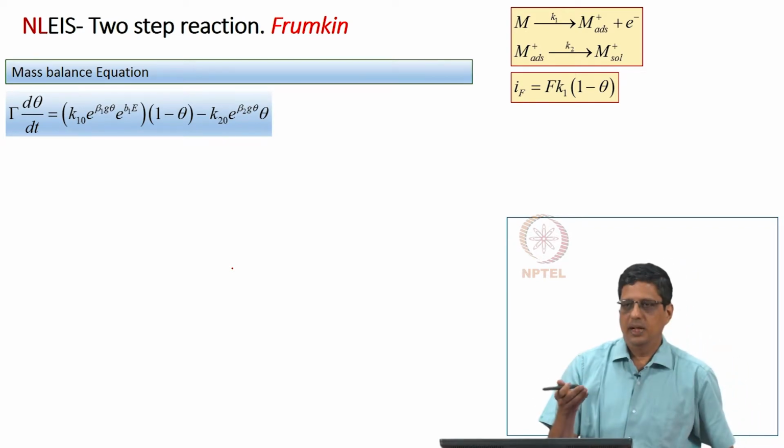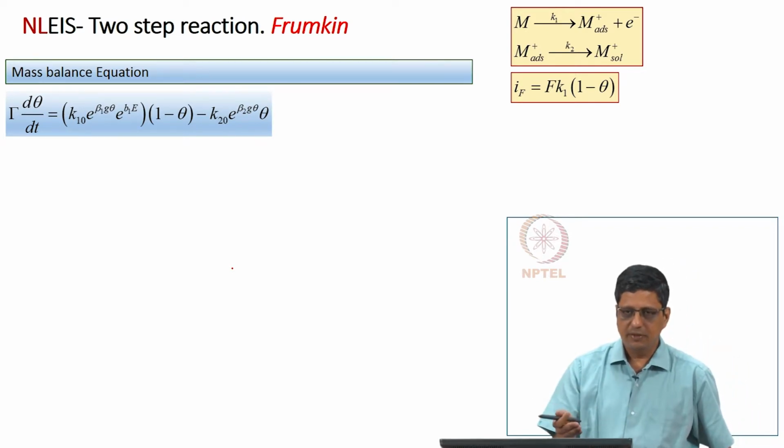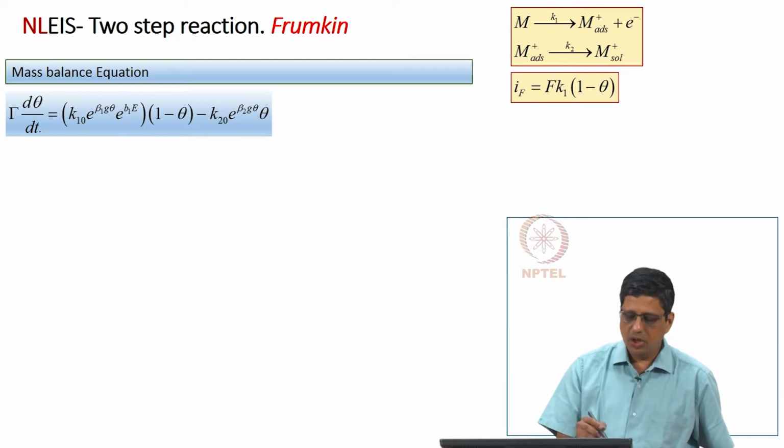Now, we can write the mass balance equation, the charge balance equation as we have done before. We would normally write for this, the mass balance equation will be k1 (1 minus theta) minus k2 theta, that would tell us gamma d theta by dt.